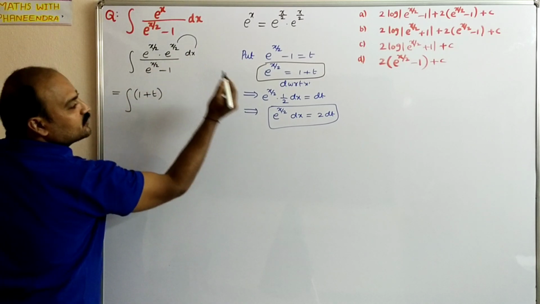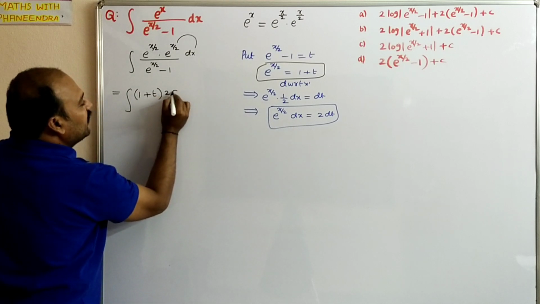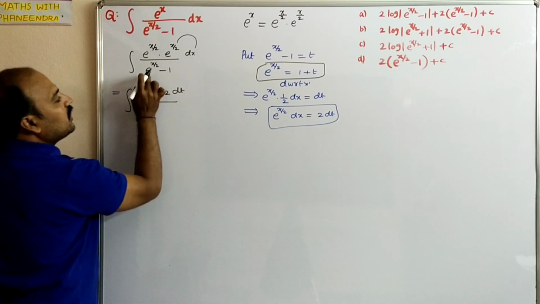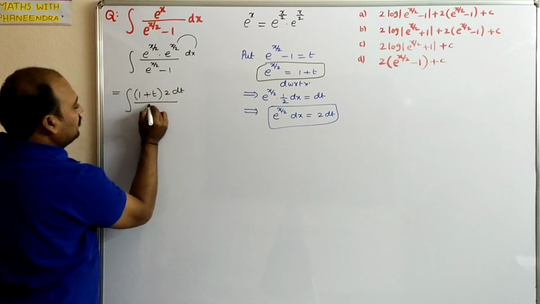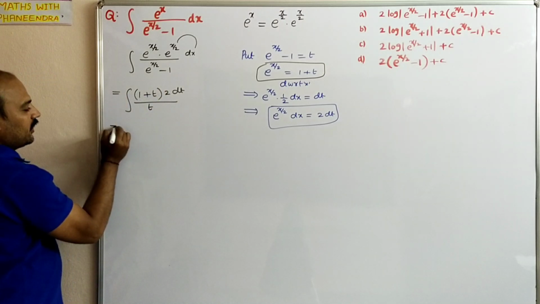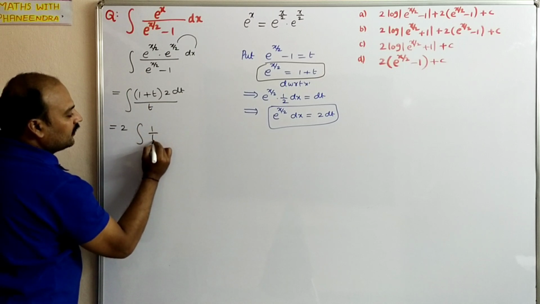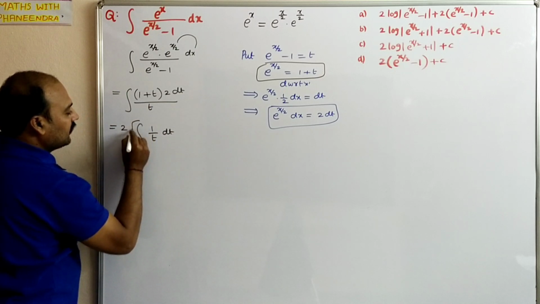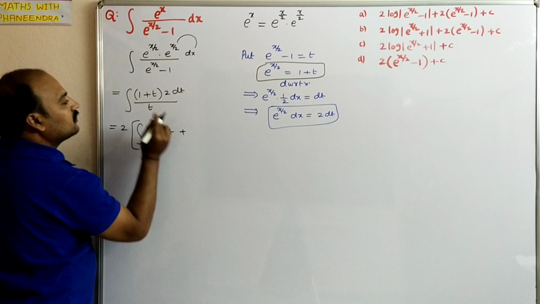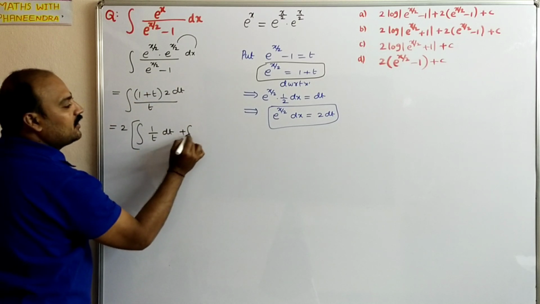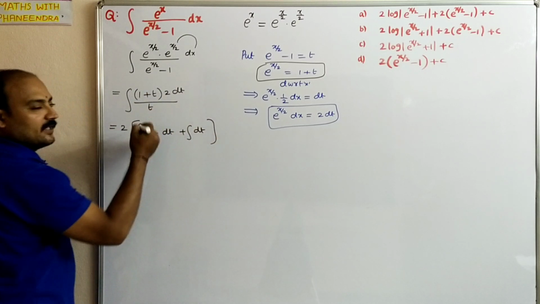So the given integral becomes (1 plus t), with e power x by 2 dx replaced by 2 dt, divided by e power x by 2 minus 1, which is t. So the constant 2 we can take outside. Integral of 1 by t into dt plus t by t, so integral dt, the t's get cancelled.